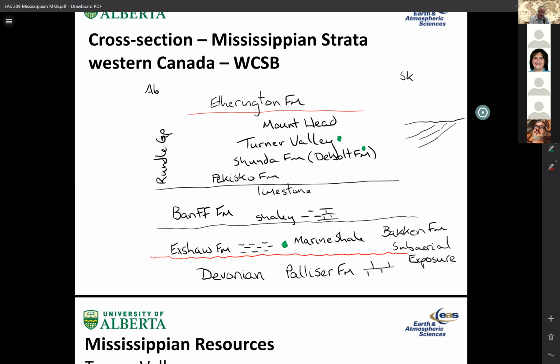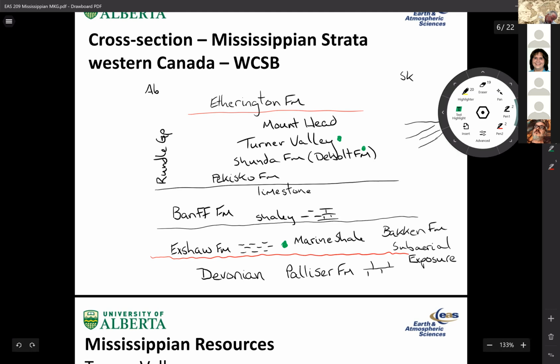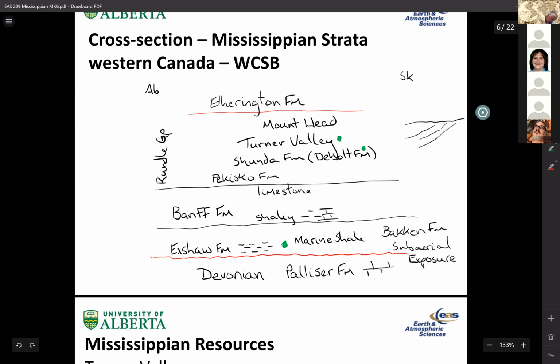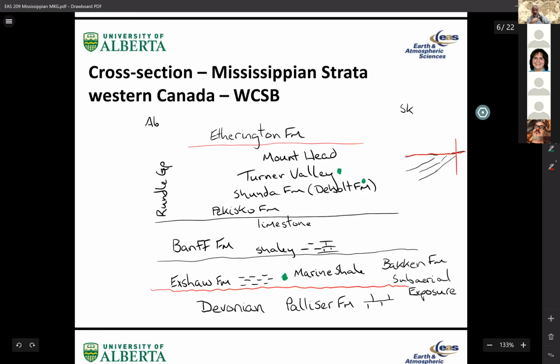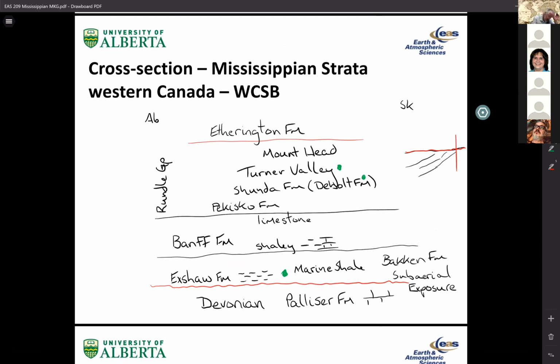Subaerial exposure. There's karst at the top of the Mississippian package, and that karst is pretty well developed in areas like Jasper and parts of Banff. So this is an unconformity here, and I'm just going to show you something kind of neat there, that there's an edge then to the Mississippian strata, and that edge is called, by the way, a subcrop edge.